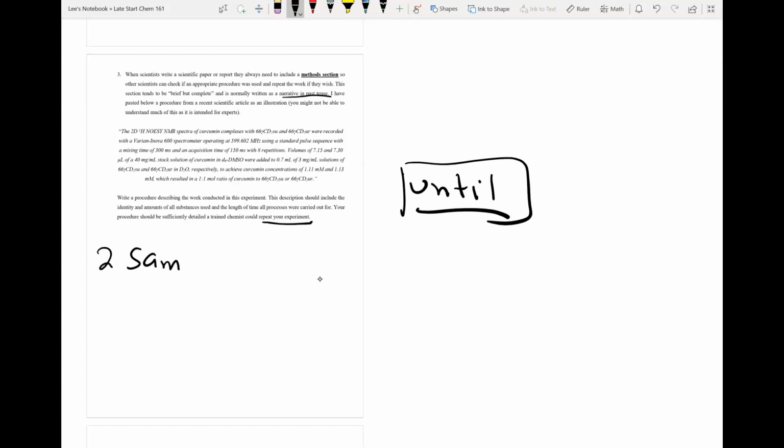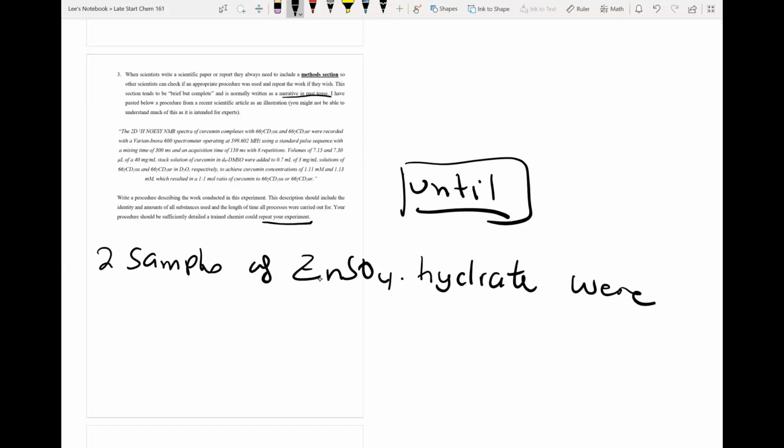Two samples of zinc sulfate hydrate were heated in, I should point out here, we should do the masses, so we know what the masses of those two samples are.